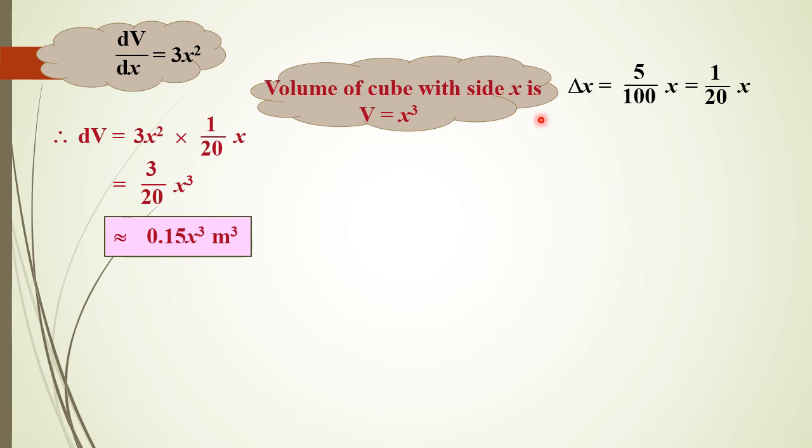Okay, delta x value is how much? 1 divided by 20 into x. Therefore delta x value is directly written here. So after simplifying this, 3 divided by 20, x square into x, it will be how much? It is x cube. So 3 by 20 can be written as approximately 0.15 x raised to cube, and its unit is m raised to 3, meter cubed. So this is the approximate value of this.